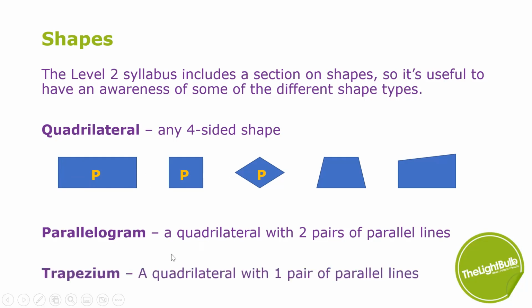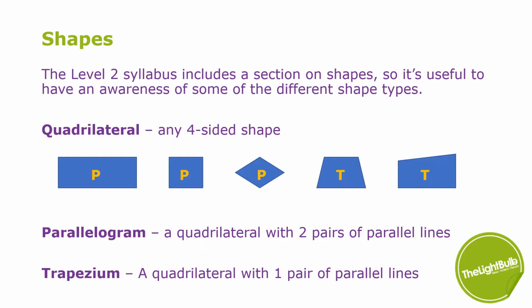And then trapezium here, which can be applied to the last two types of shape, is a certain type of quadrilateral with just one pair of parallel lines. So we have the parallel lines at the top and the bottom here on this one, where they're running in the same direction. And on the end, we have the vertical lines, which are parallel to each other, and the other ones are differently angled.